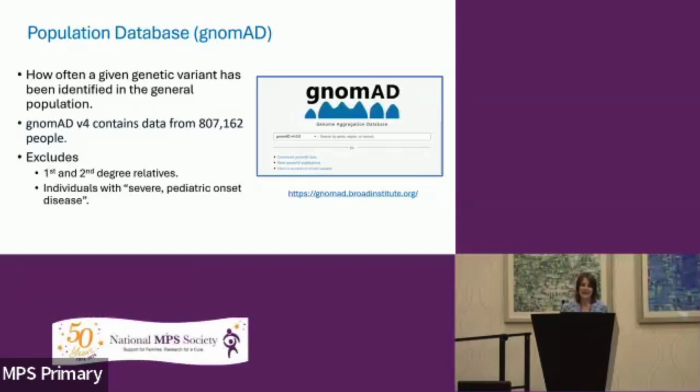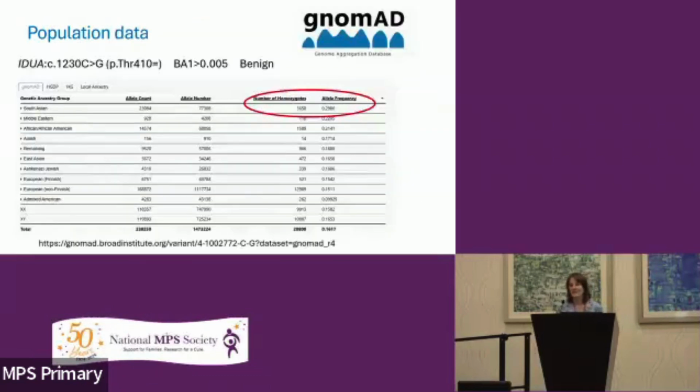And also in gnomAD, you would not find people with severe pediatric onset disease. So for our purposes, we use this database as basically general population adults who do not have any severe disease. Of course, they may have risk for heart disease or potentially cancer, but certainly not severe pediatric onset disease. So this is just an example showing one of the variants that we looked at from our lysosomal diseases expert panel in IDUA.